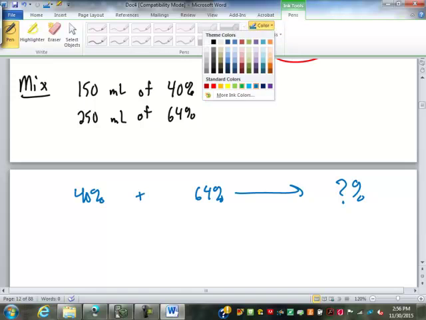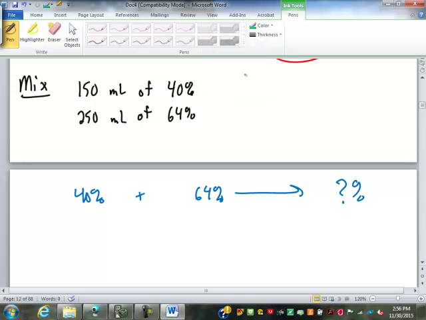So we're looking at combining a 40% mixture and a 64% mixture to get a new mixture that we need to figure out what the concentration is. So the 40% mixture is 0.4 or 0.40 times what? 150 plus 0.64 times 250 equals x times 400.